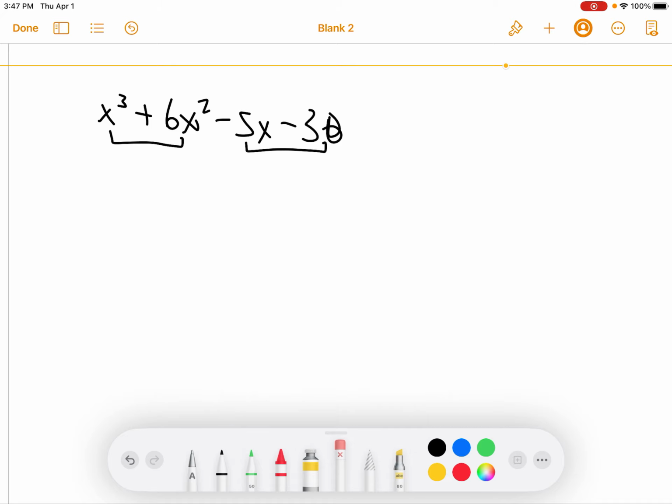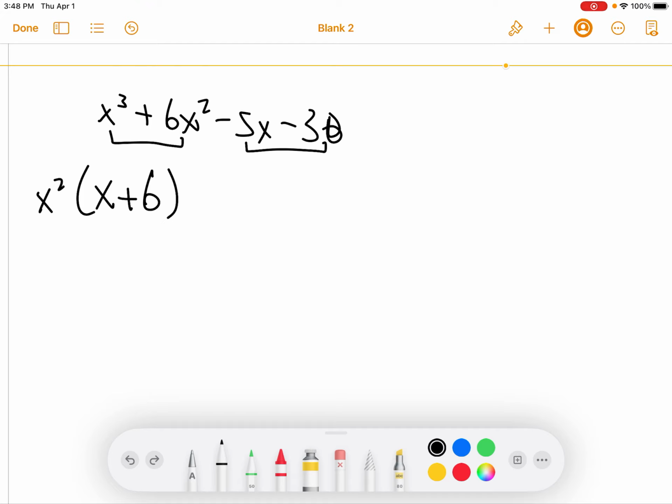So we have x squared because that's what we divided by, and then that turns out to be x, and then plus 6. Nothing divided the number, so it stays the same.